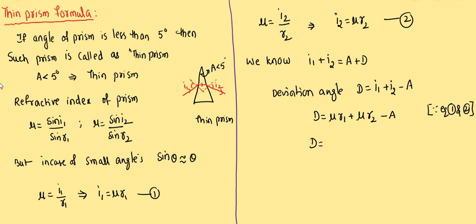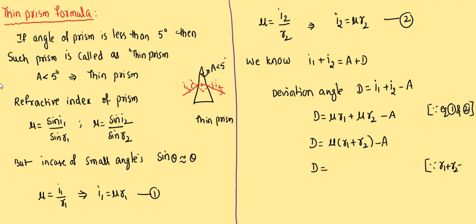Here we can take nu common. Then we will get nu times R1 plus R2 minus A. But in the previous prism formula derivation, we know that R1 plus R2 is A, right?